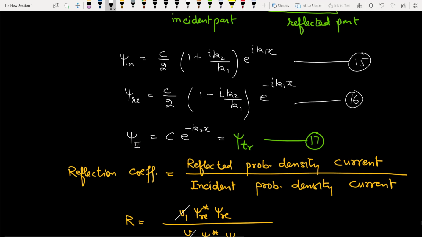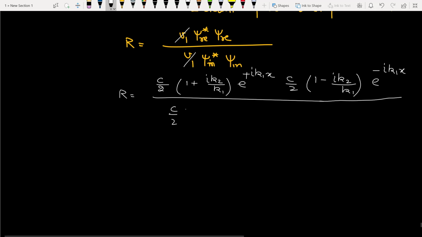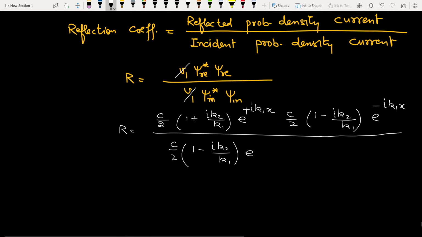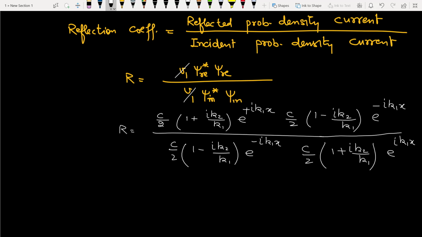So psi incident is c by 2, 1 minus iota changed to minus iota, e raised to power minus iota k1x, times c by 2, 1 plus iota k2 upon k1 e raised to power iota k1x. So all terms cancel out, and we are left with 1. So the reflection coefficient according to quantum mechanics is 1, that all the wave is reflected quantum mechanically from the boundary.